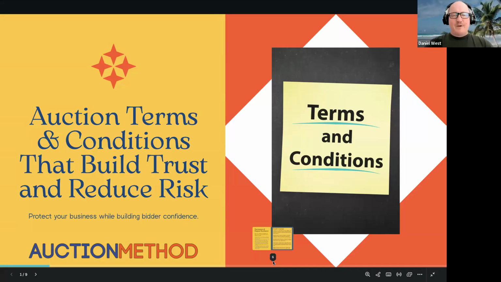And if you're using another bidding platform, they will have their own user agreement that governs the behavior of users on that platform. Now, the user agreements will reference the terms and conditions of auction and state that those terms and conditions of auction will be applicable to any sale that happens on the platform. But typically the language is quite different.